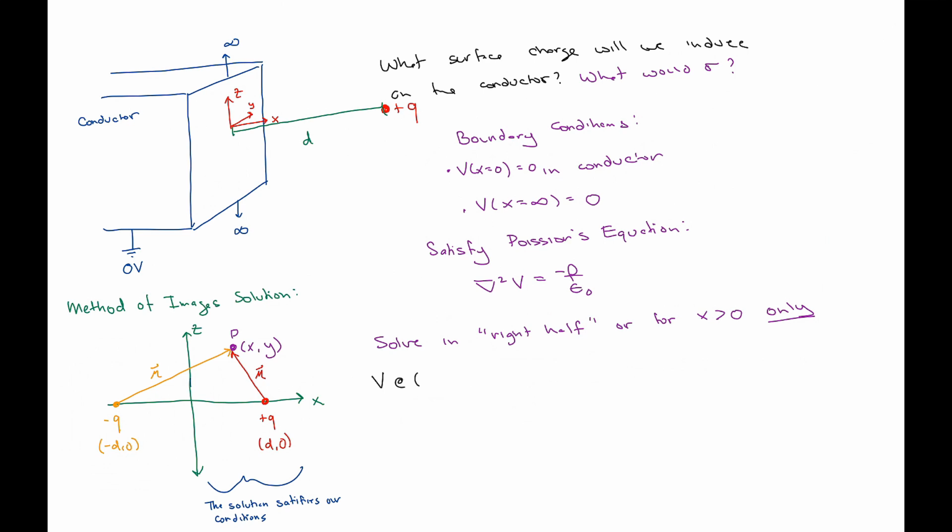The potential at x and y, which I'm just going to call V sub R here, is going to be equal to Q over 4 pi epsilon naught, times, I just pulled out that common factor, times 1 over the magnitude of our one separation vector, plus 1 over the magnitude of the separation vector from our positive charge.